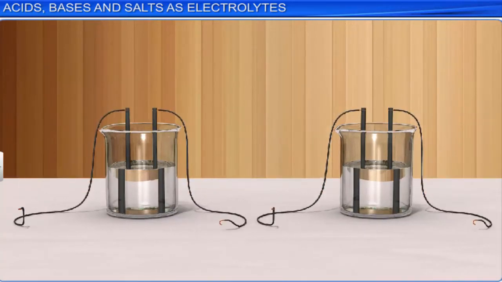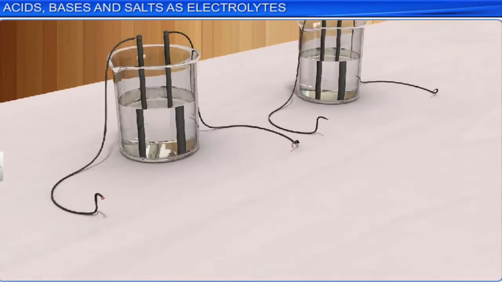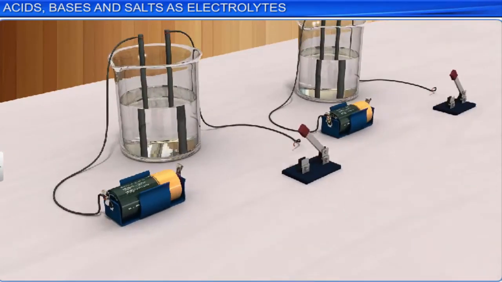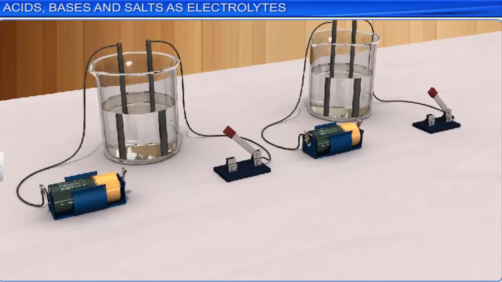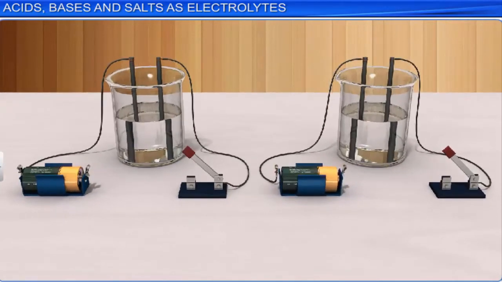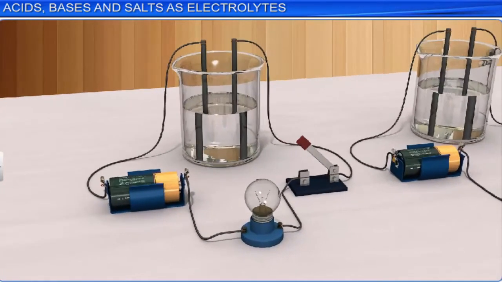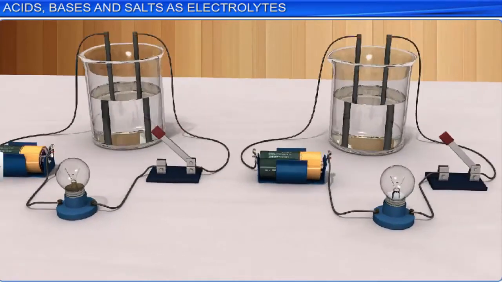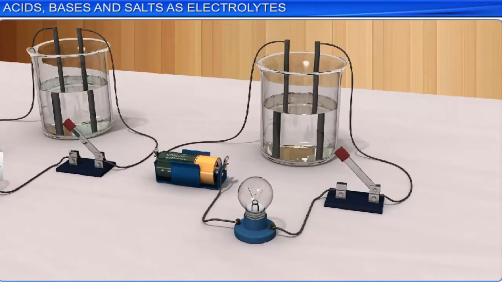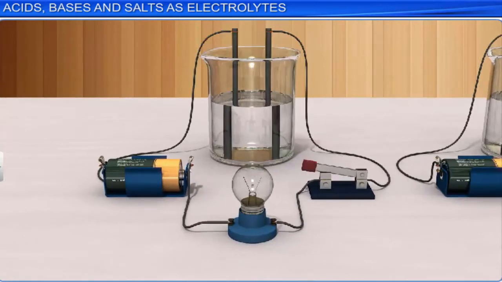Then, connect batteries along with a switch to these wires to complete the circuit in each beaker. Insert an electric bulb in each circuit. Ensure that all connections in both the circuits are proper. Turn on the switch to allow the circuit in the first beaker to complete and observe the bulb.